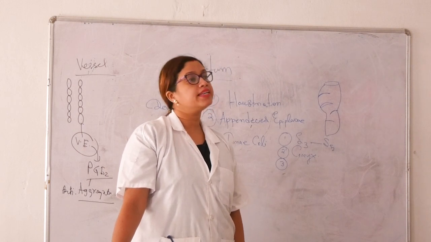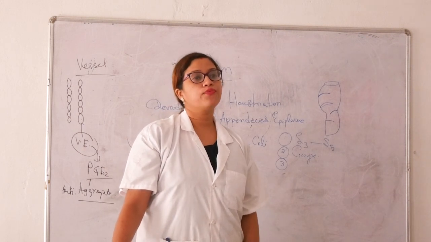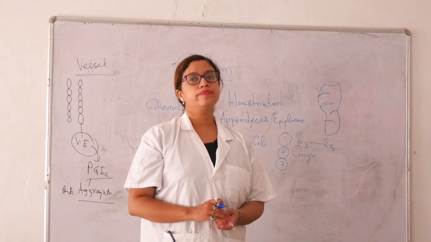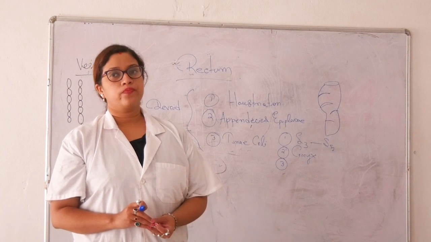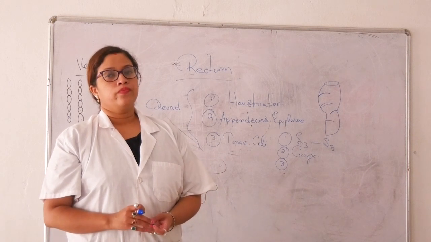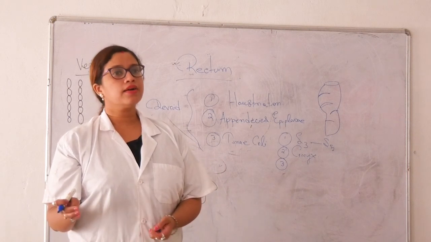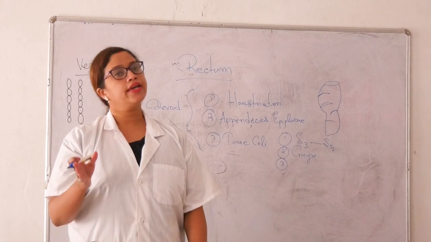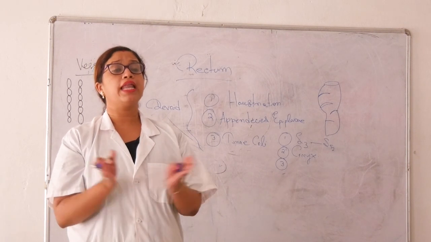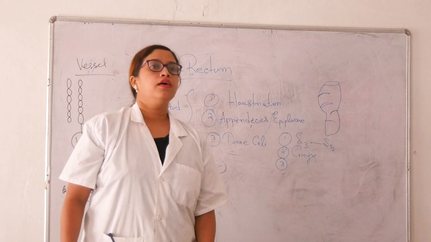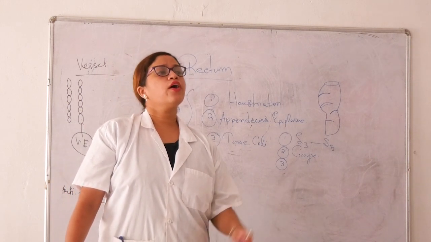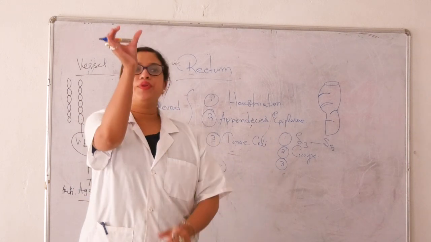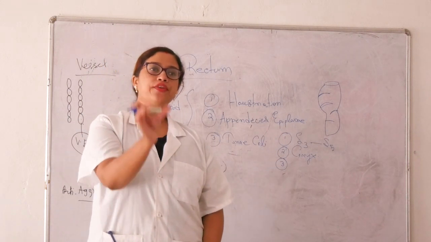So how many arteries are there in the abdominal aorta? If we say the ventral arteries, just recapitulate, what arteries are there ventrally? Celiac trunk, then superior mesenteric artery, inferior mesenteric artery. What about the lateral? Always remember, lateral abdominal aorta goes along with the inferior vena cava.